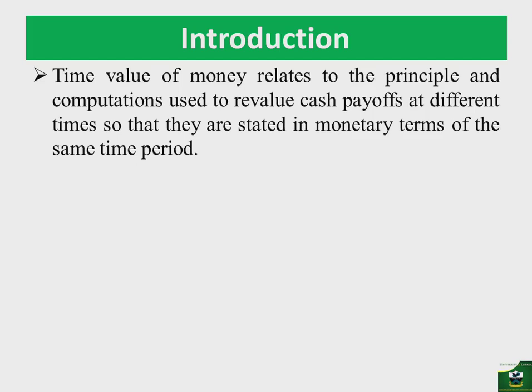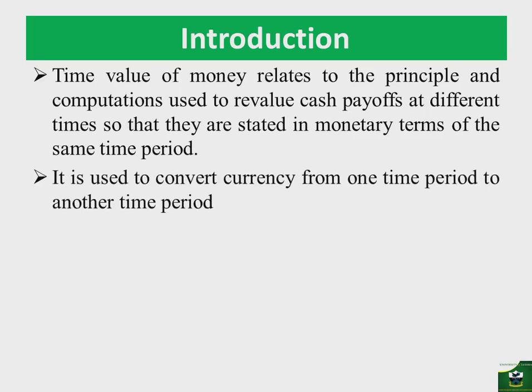If you have a quarter today, in the next period, say next year, the value of a quarter may not be the same as it is today. And as such, we bring in the time value of money so that we are able to revalue the cash flows at different points.